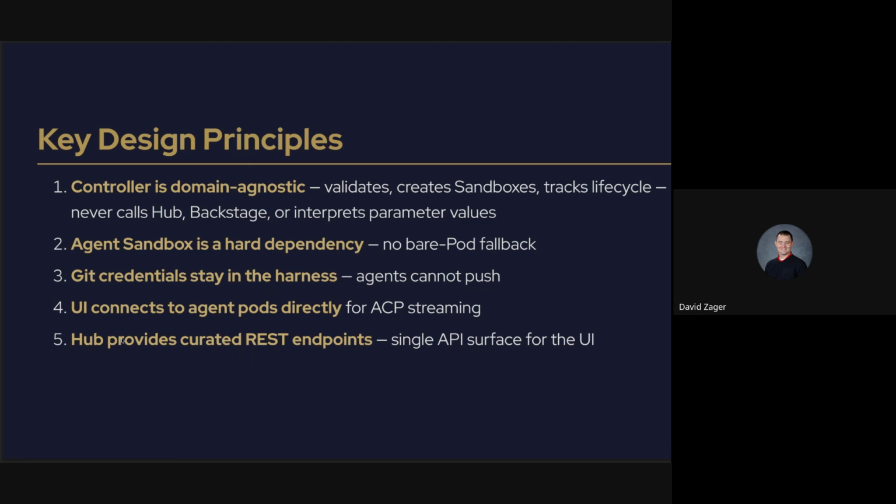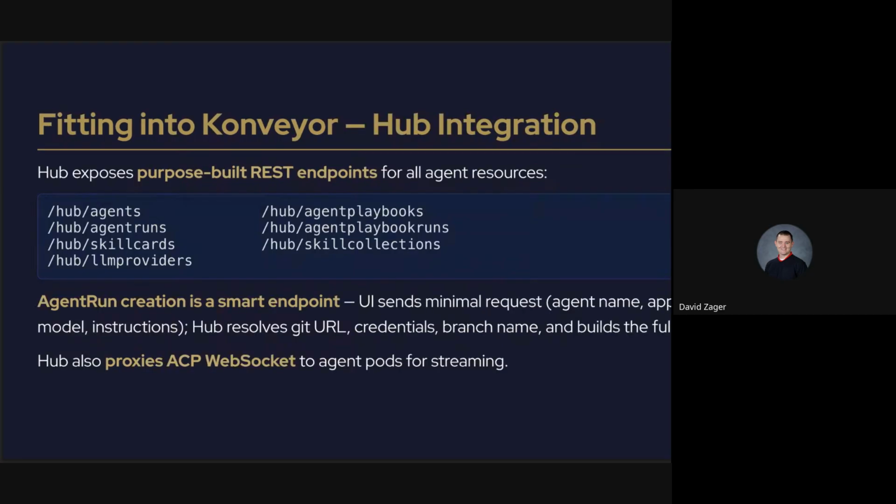Another design principle is that the goal is for the hub to provide curated, purpose-built endpoints for these agent resources as the API surface for the UI. The agent run creation is a smart endpoint.